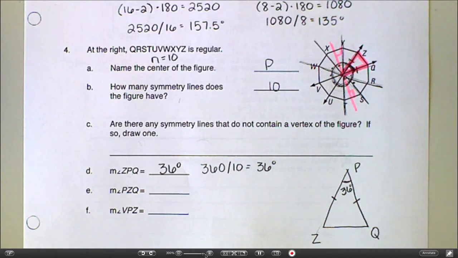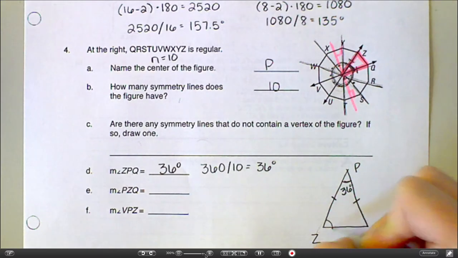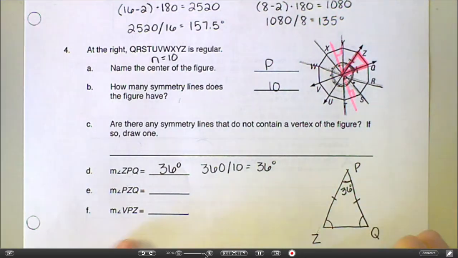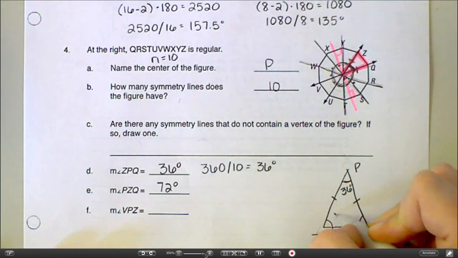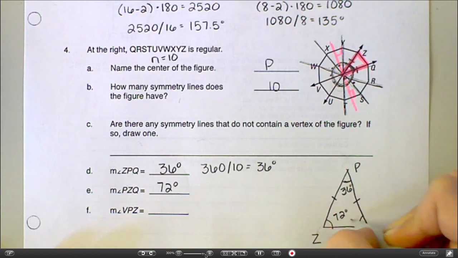Ideas, Matt? Perfect, because we know these two have to be equal to each other, right? So I would do 180 minus the 36, which is going to be 144. And then 144 divided by 2 is 72. So each one of these would be 72 degrees.